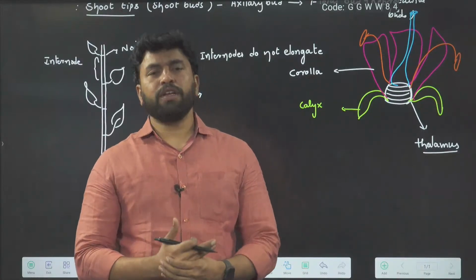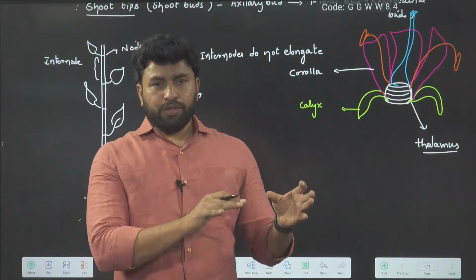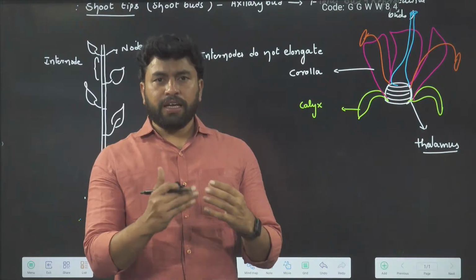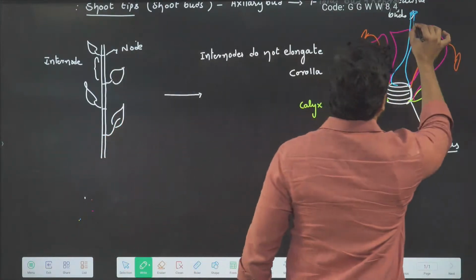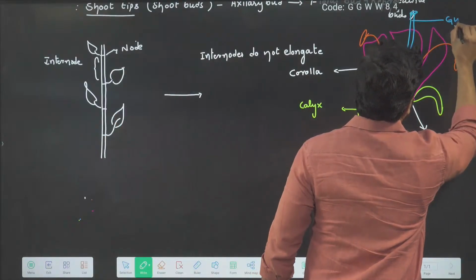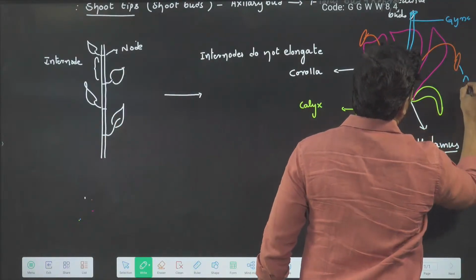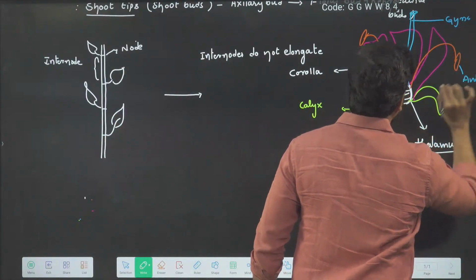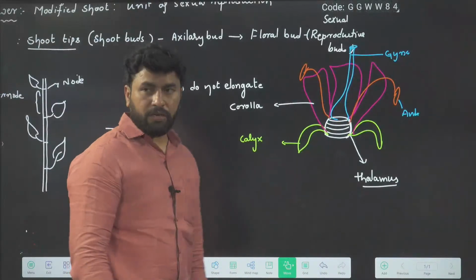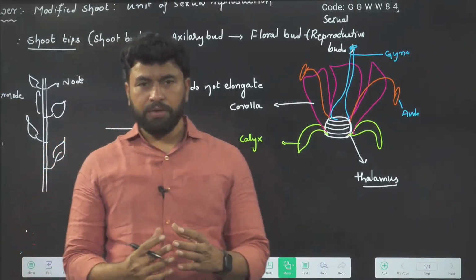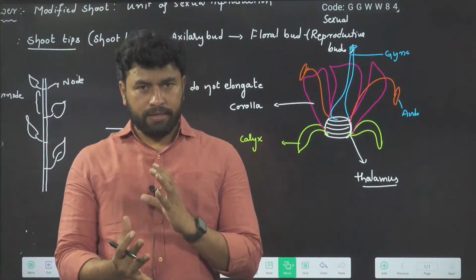Third node will produce androecium. Fourth or innermost node is going to produce gynoecium. These are gynoecium and this is androecium. Is it okay? Like this, there has been a modification of stem into floral appendages.